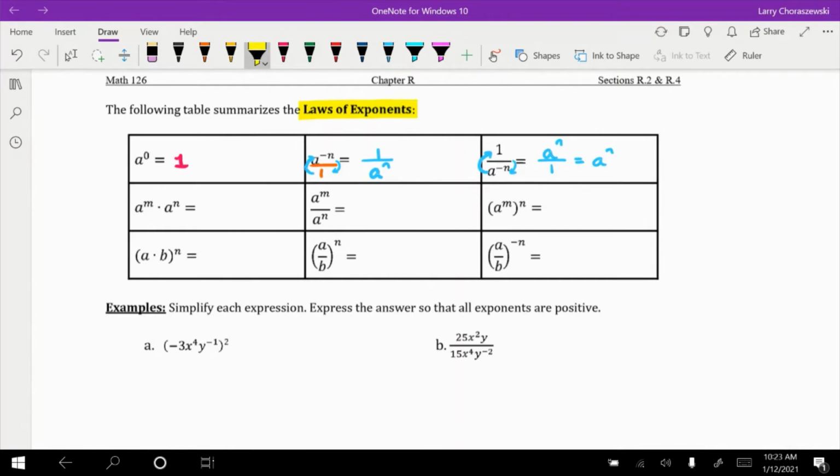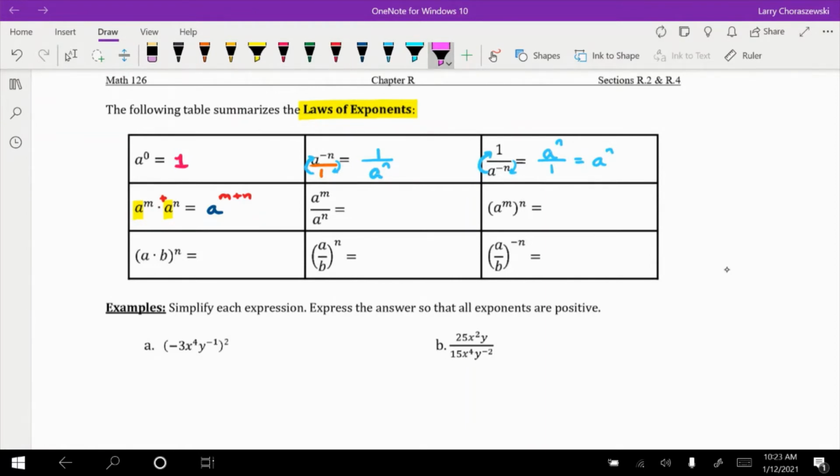Now, what happens if we're multiplying two expressions with a base a that have different powers? Well, you can actually condense this into a single base a, provided that you add the two exponents together. So we can write a to the m times a to the n as a to the power of m plus n.